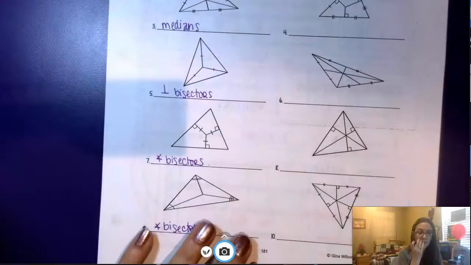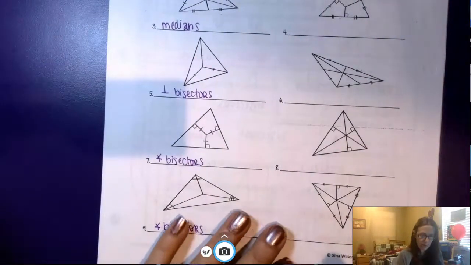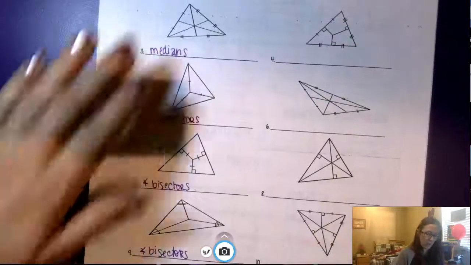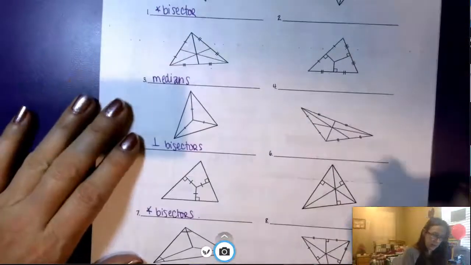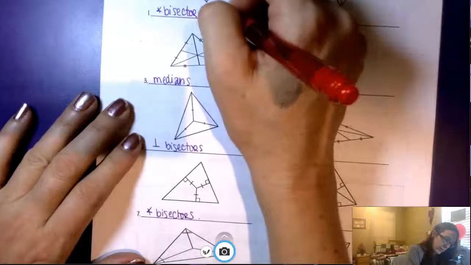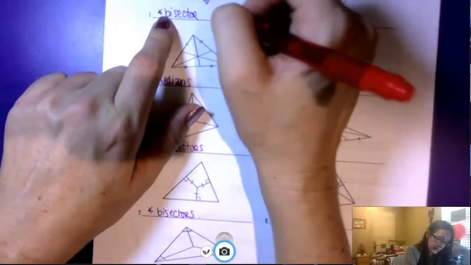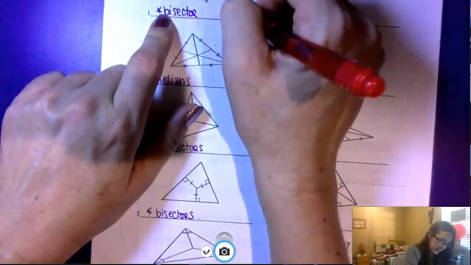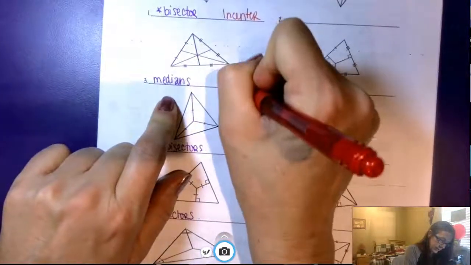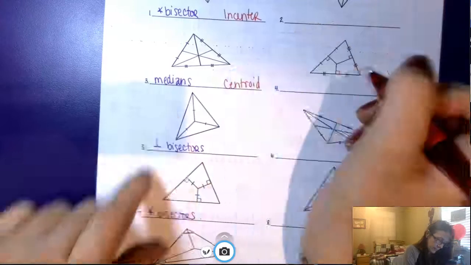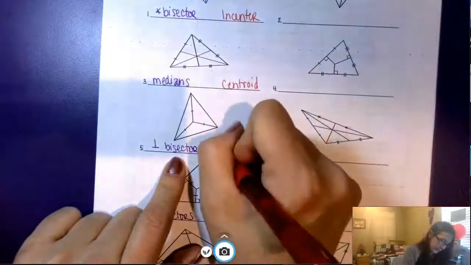And once I know what the line is, then I can figure out what the point of concurrency is. So hopefully you can fill those out. Go ahead and do this side real quick. I'm going to come back and do it in just a minute. This one would have been perpendicular angle bisectors, incenter. Medians are centroids. Perpendicular bisectors are circumcenter.